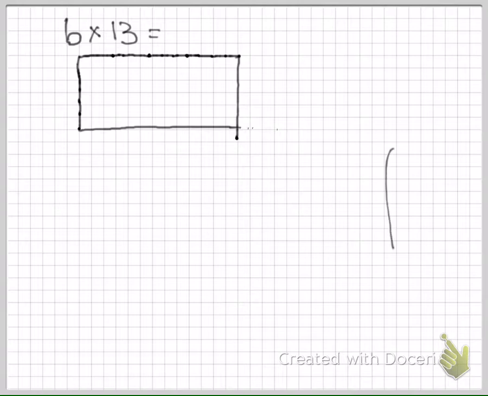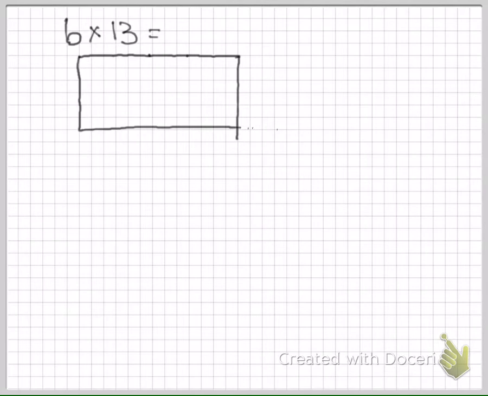Now, it says here 6 times 13. I'm going to keep the 6, but I want to break up that 13 into something that I know the factors of. For example, I know 8 and 5 will give me 13, and that's how many boxes I have going across the top.